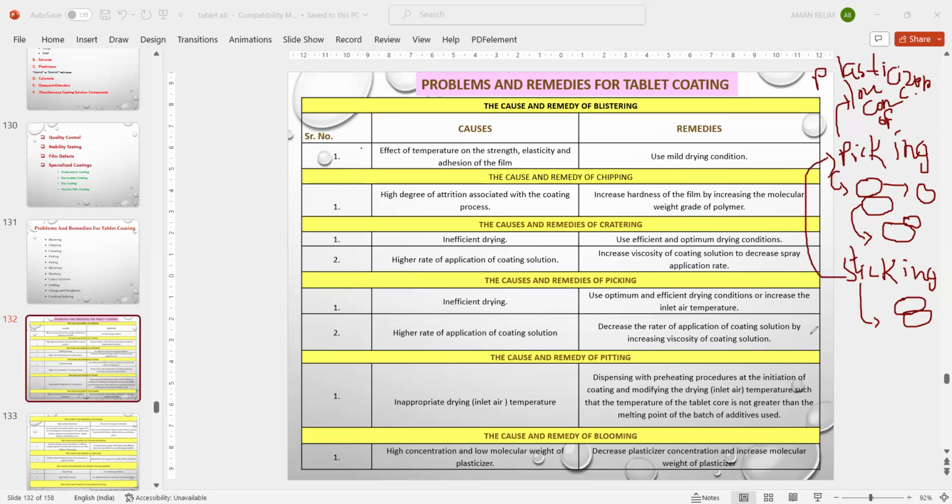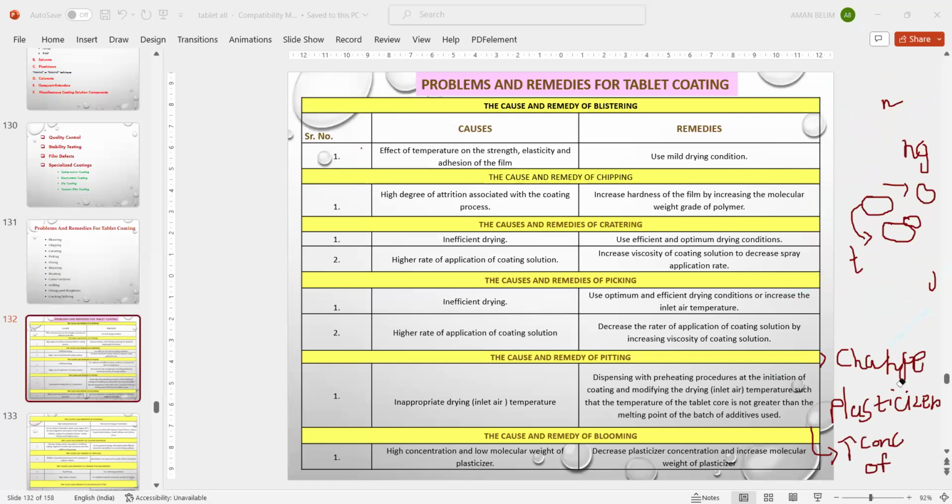The remedy is to change the plasticizer or increase the concentration of plasticizer. Increase concentration or change plasticizer. These are the remedies.